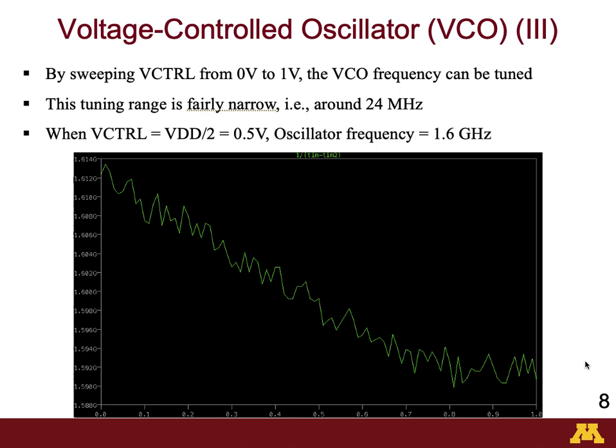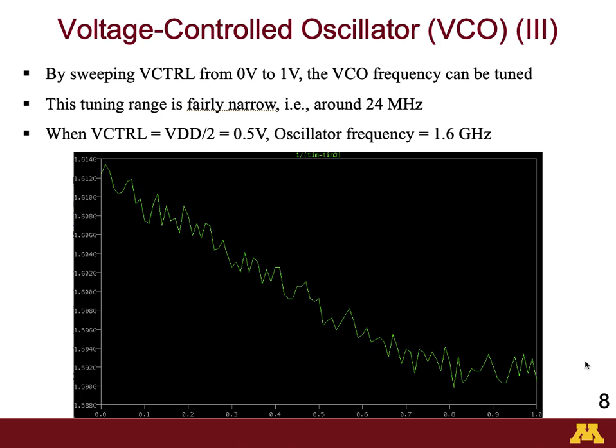Now this narrow range also puts constraints on the locking range of the PLL for sure. Now a 24 megahertz range at a center frequency of 1.6 gigahertz translates to a range 16 times less, or around that, at 100 megahertz center frequency.